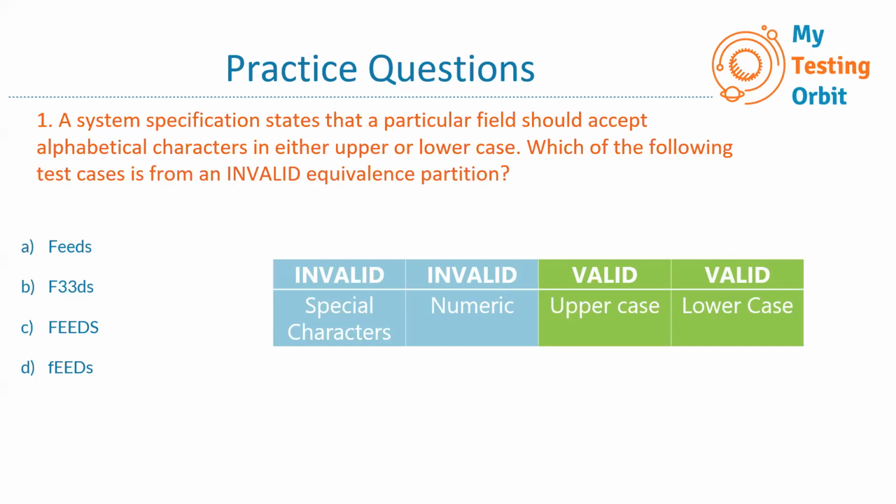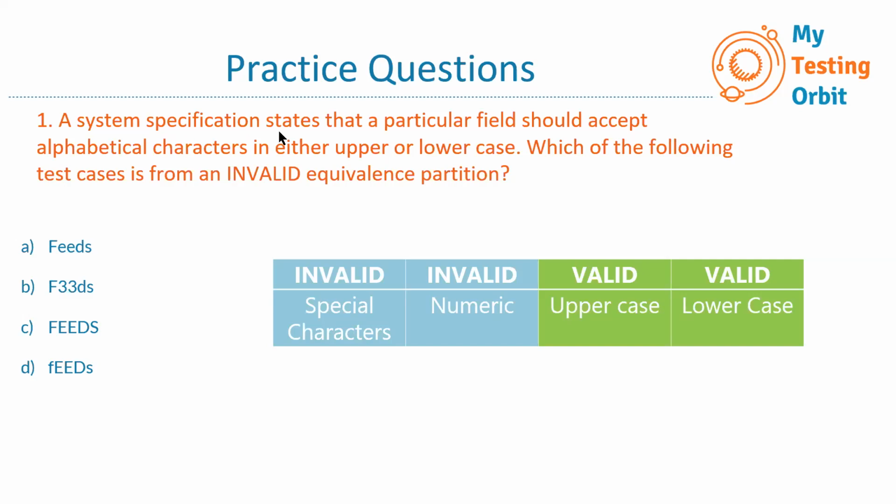Anything beyond January and March would be our invalid range, and it will be in an order. That's why we read that whenever we apply the boundary value technique, the data needs to be in a specific order or a sequence. Okay, so you said you got it. All right, thank you. Okay, coming back to this question.